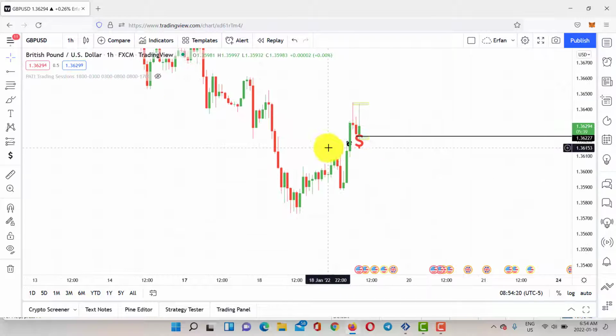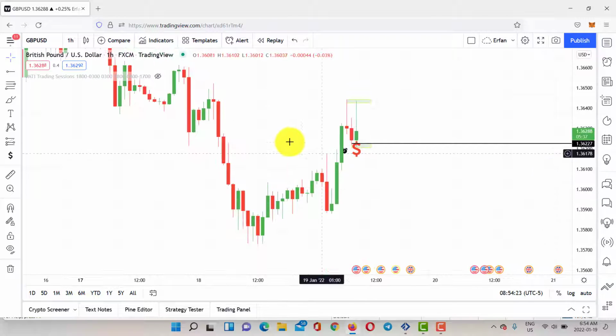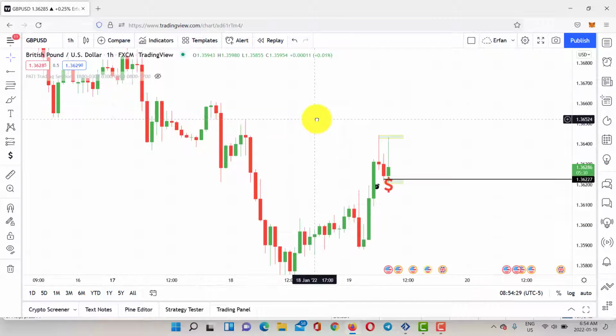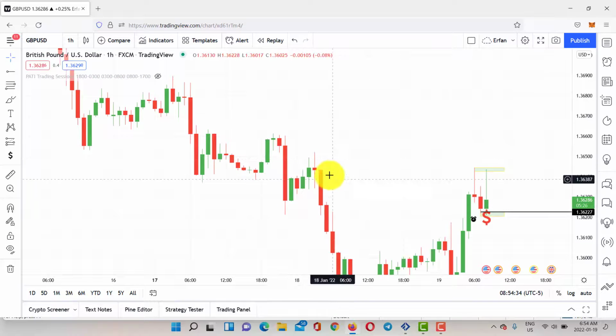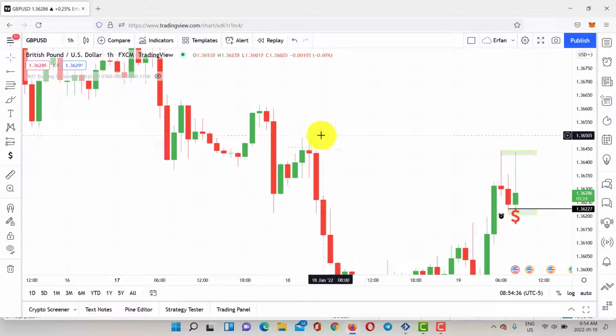But after this break of structure that I showed you in 5 minutes, I can assume that the market is trying to change the trend and be bullish. But here, even in 1 hour, you need to be looking at valid order blocks.